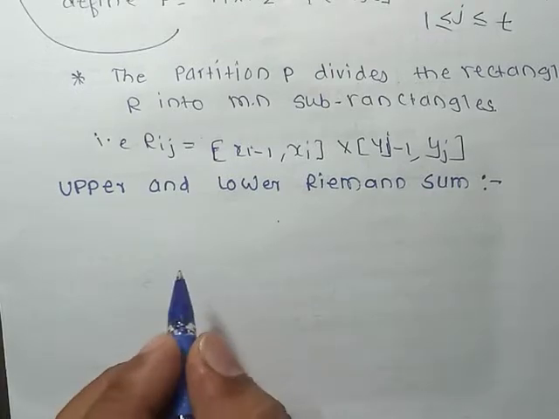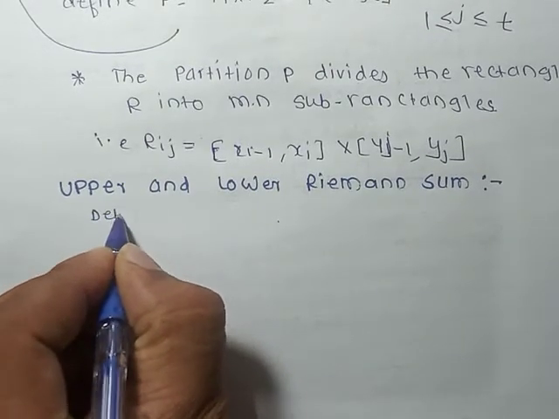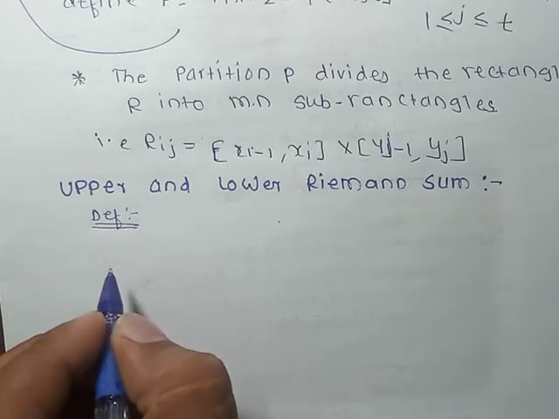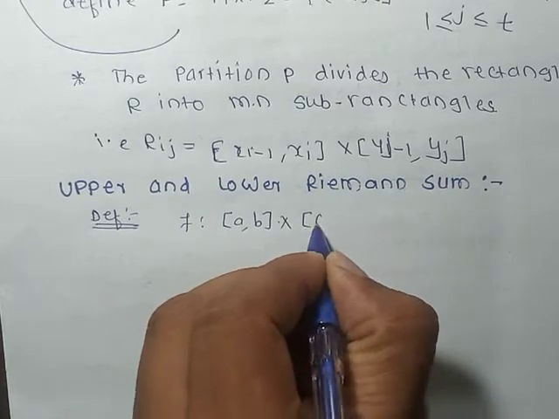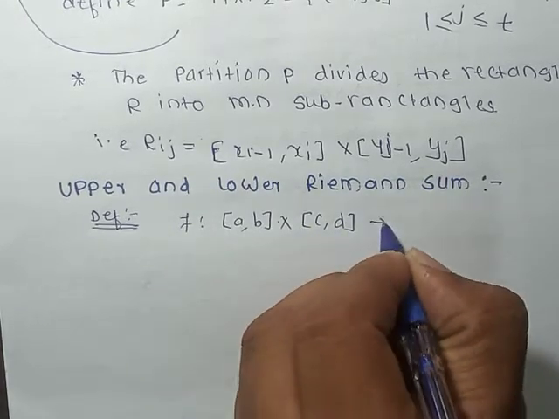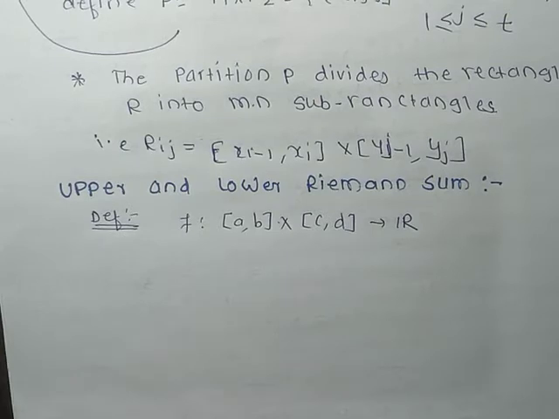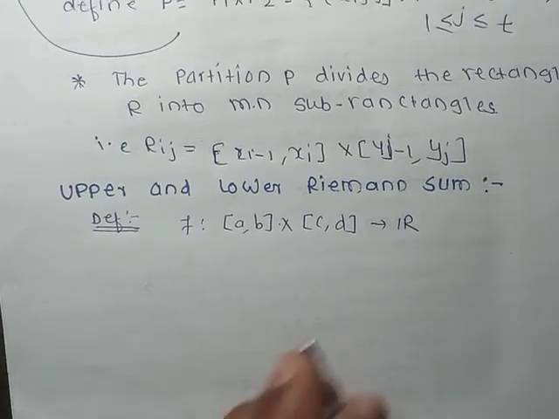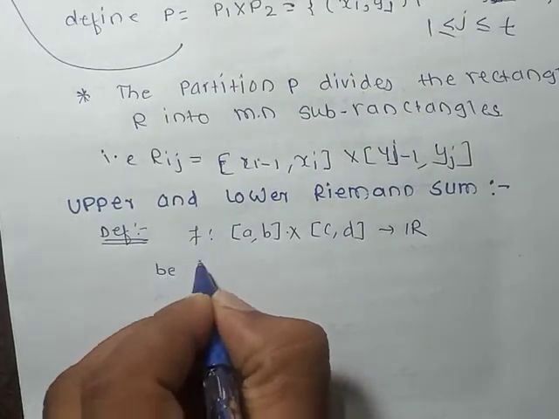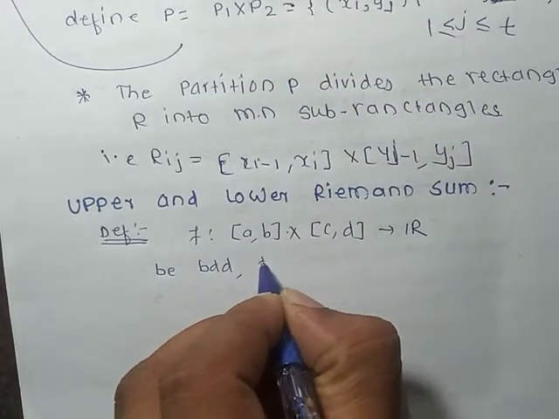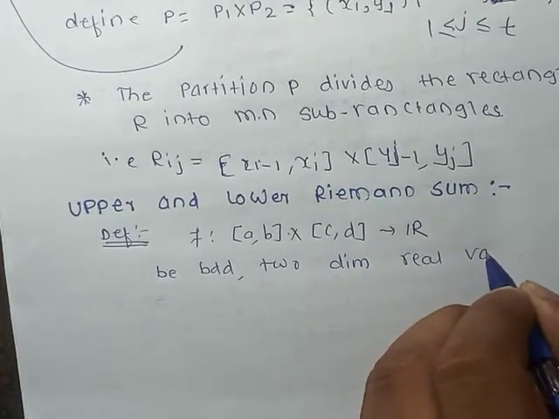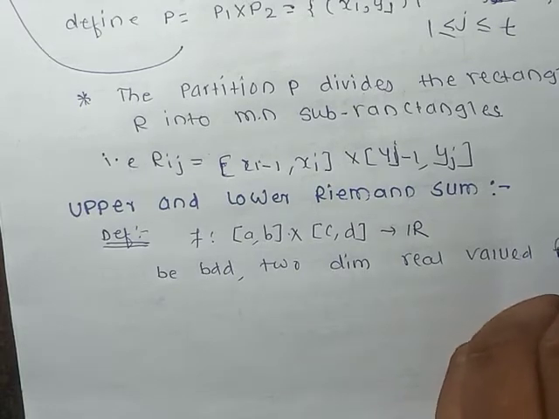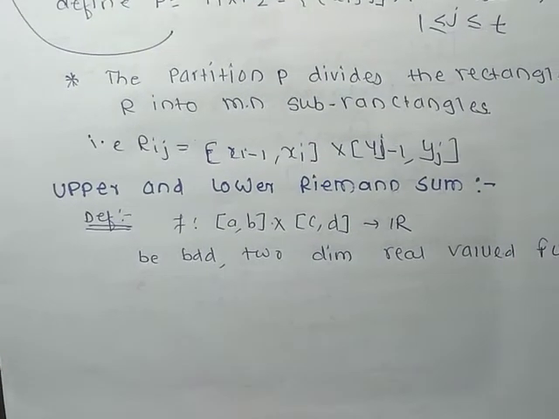So what is the definition? Let F be a mapping from the rectangle [a, b] cross [c, d] to R. Let F be a bounded, two-dimensional real valued function.